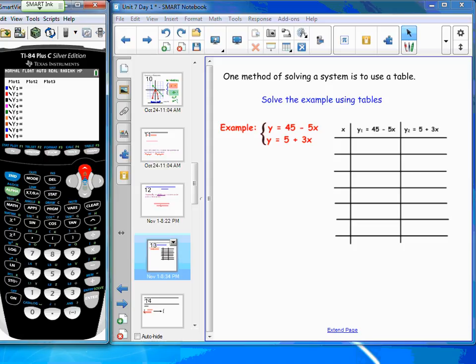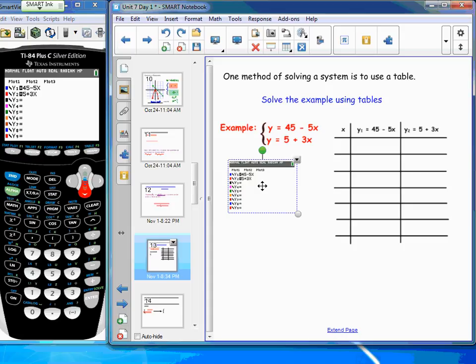We're going to enter our first equation, 45 minus 5x equals y1, and our y sub 2 will be 5 plus 3x. So first we'll enter our function definitions in our y equals menu.